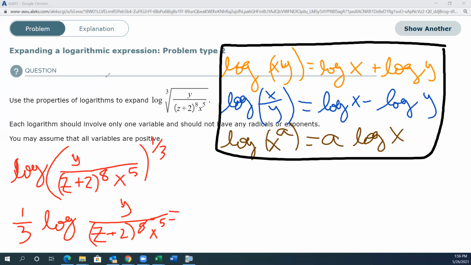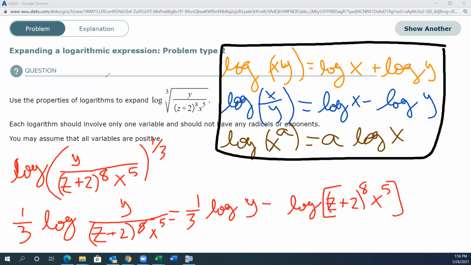And so that'll be 1/3 log the top minus log of the bottom. That's 2, 8th x to the 5th. Now, to help with readability, I'm going to put brackets around that, to remind me that all of that is inside that second log.